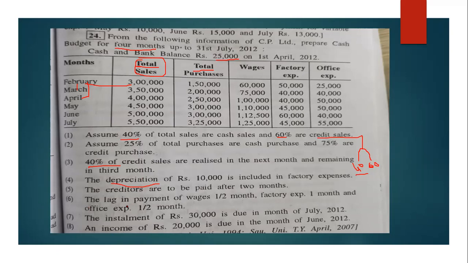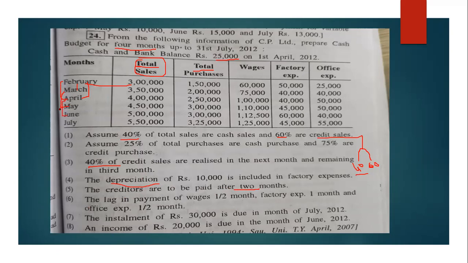Then the creditors are to be paid after 2 months. For purchases, we have been given the information for February's credit purchase. Our payment will be in April. For March, it will be in May. For April, it will be in June.